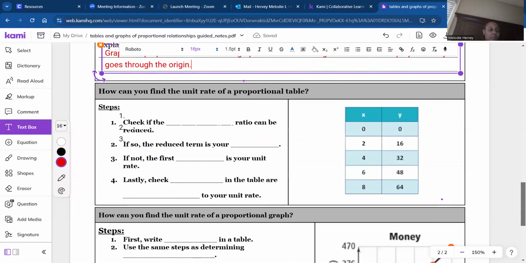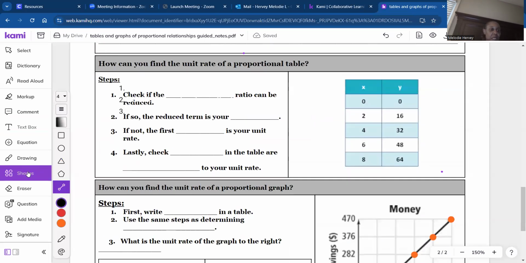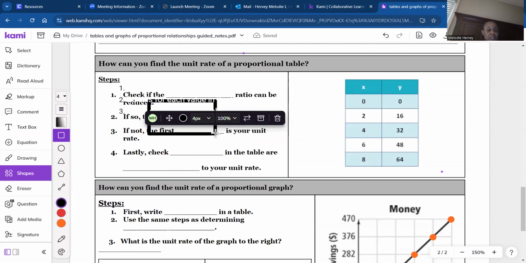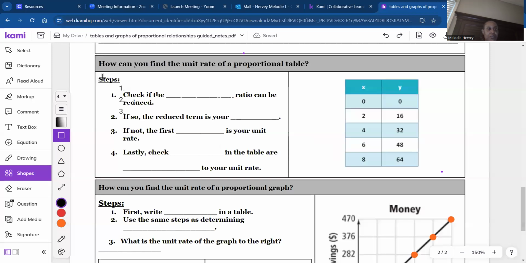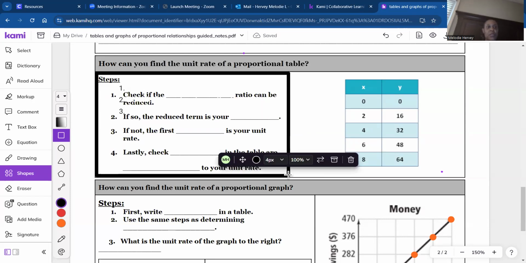Now here, watch what I do here because I am going to blot this entire section out. Oh, I think I know what's about to happen.